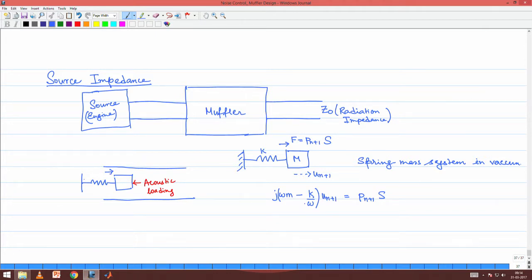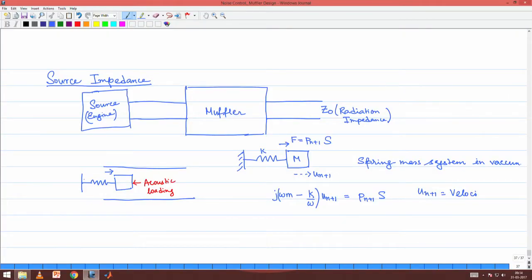So, this is what we will get by simply appealing to the theory of vibration. If you appeal to Newtonian mechanics, you will get m x double dot plus k x equals force, force is pressure times area, and then instead of working in terms of displacement, we choose to work in terms of velocities, and when you get that, U n plus 1 is the velocity of the mass. Okay.